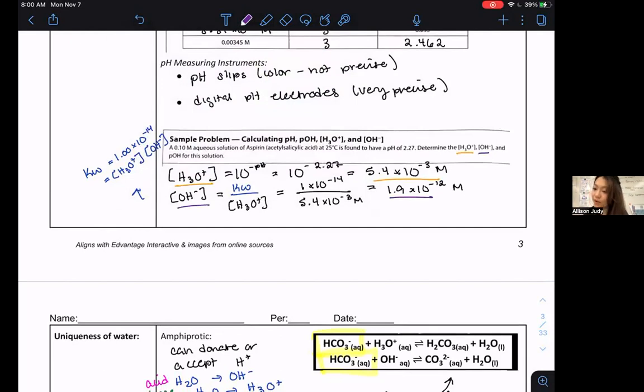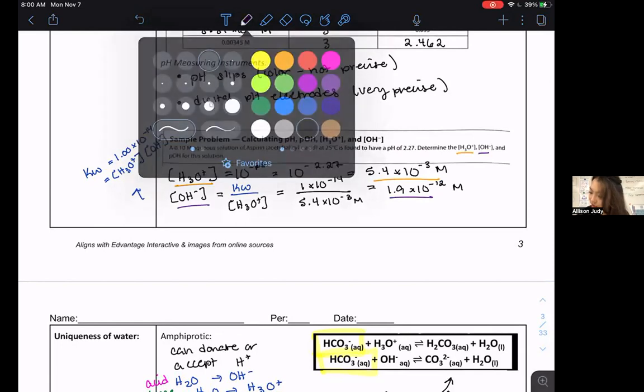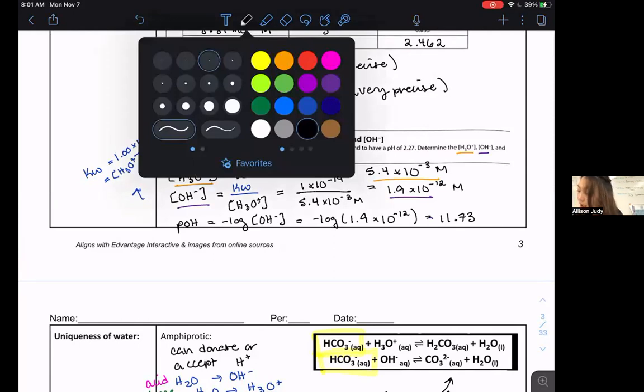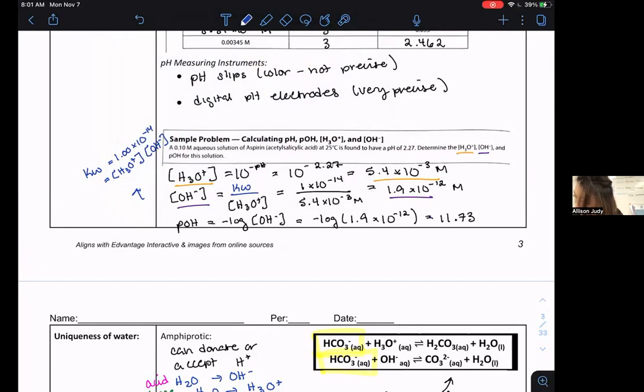Well, obviously, if I now have OH minus, I can just plug into the calculator that pOH is equal to the negative log base 10 of my OH concentration, the negative log of 1.9 times 10 to the negative 12. And that's going to equal 11.73, to 2 sig figs, which are represented by the 2 digits after the decimal. And that means I have now found the pOH.